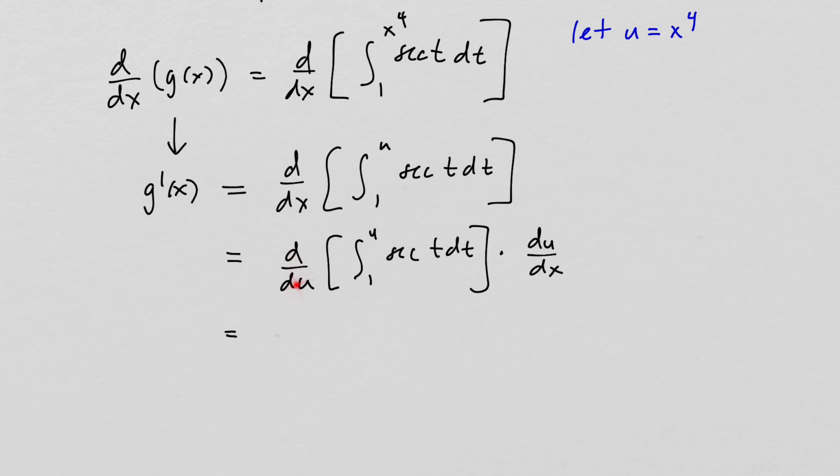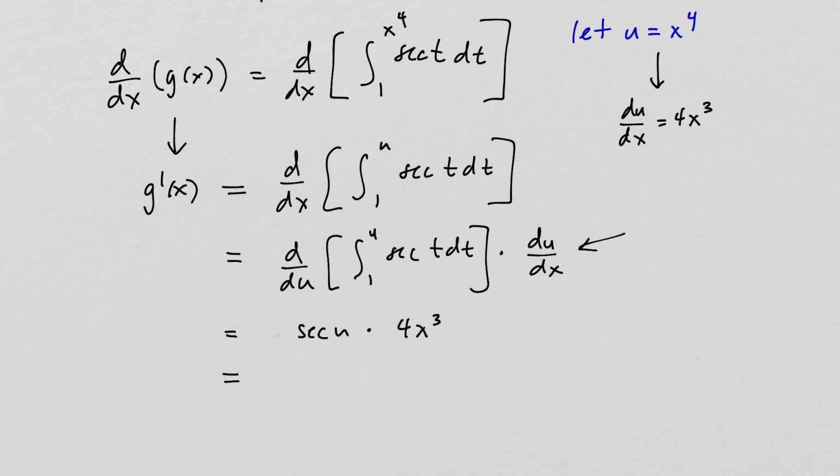So the derivative with respect to u of the integral from 1 to u of secant of t dt, that's just going to be secant of u, right? Just like we did in the last problem. But then I have to multiply by du dx. And if u equals x to the fourth, the derivative of u with respect to x is 4x to the third.